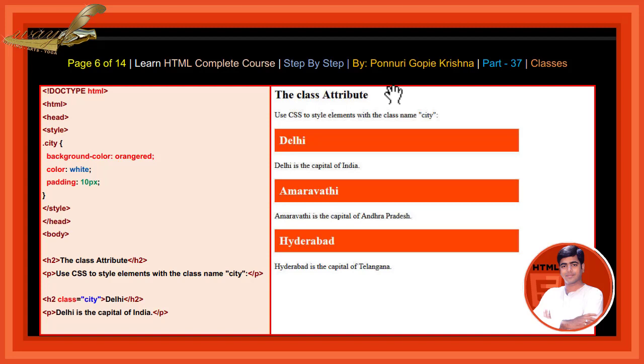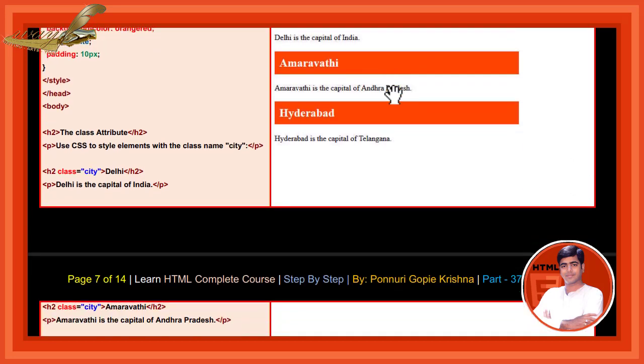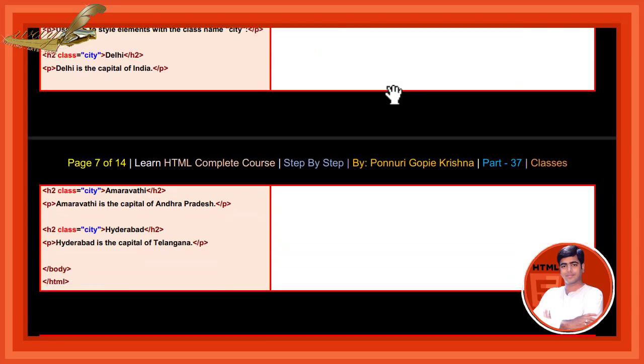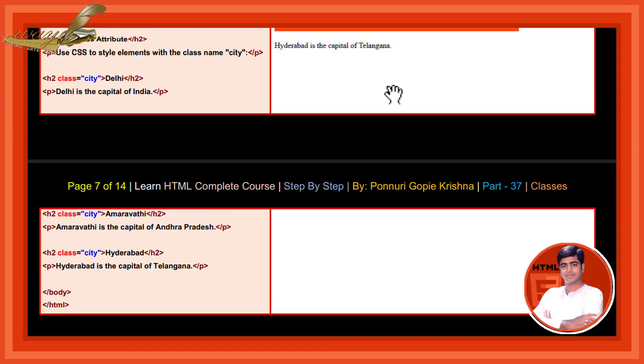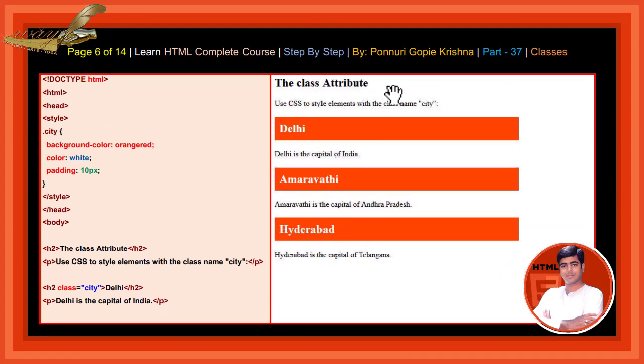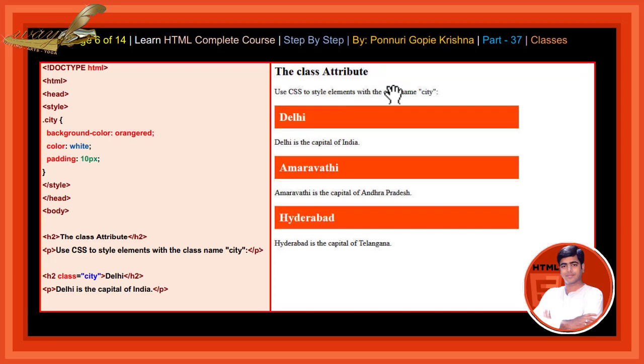Style, head, body, the class attribute. See, use CSS to style elements with the class name city. By writing and executing this code, the result returned is the class attribute CSS to style elements with the class name city. Delhi is the capital of India, Amravati is the capital of Andhra Pradesh, Hyderabad is the capital of Telangana.